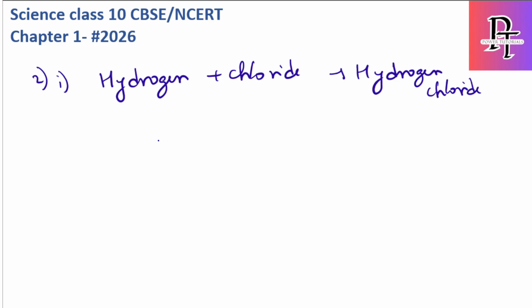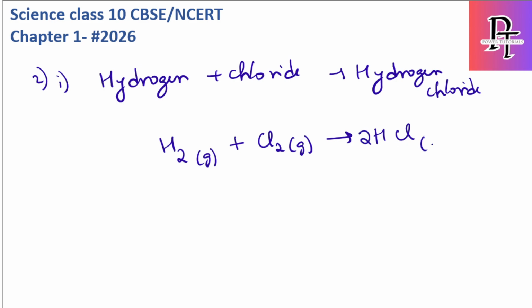So the equation: H2, the state is gas, chlorine Cl2, this is also gas, these two combined you'll get HCl. Let's balance it, you'll get 2 HCl. This is aqueous, because it is dissolved in water.